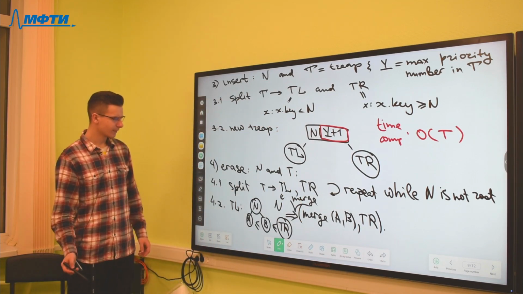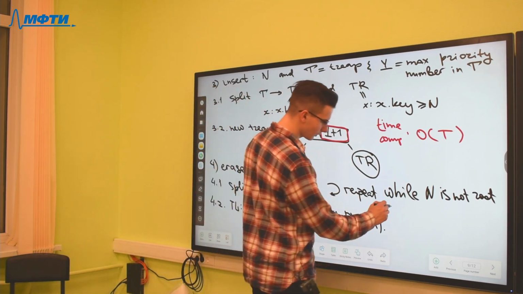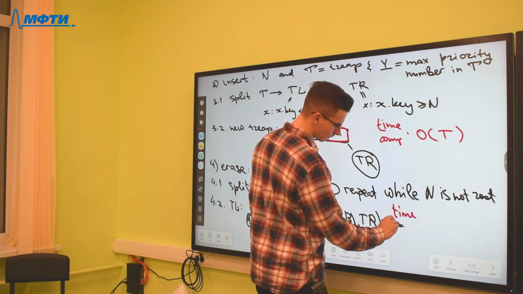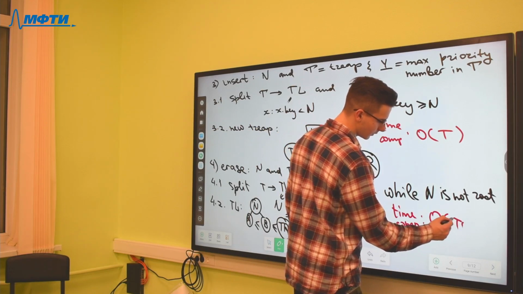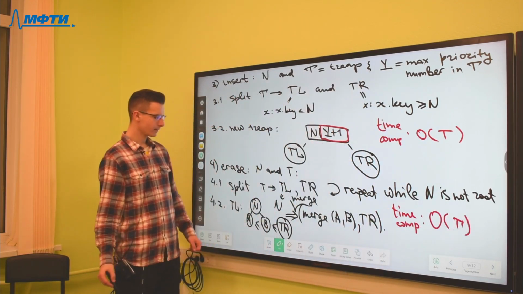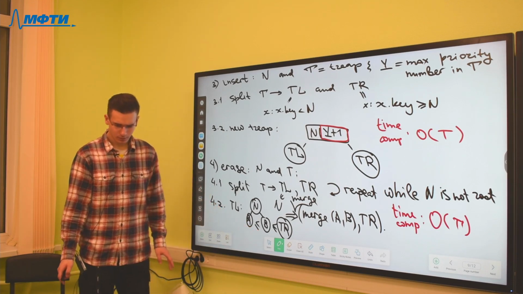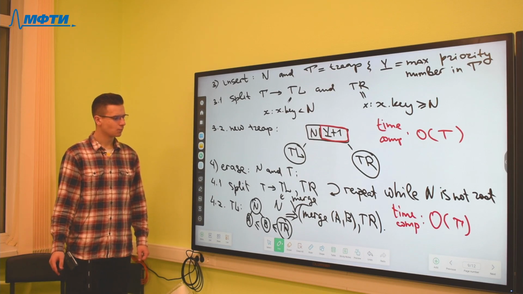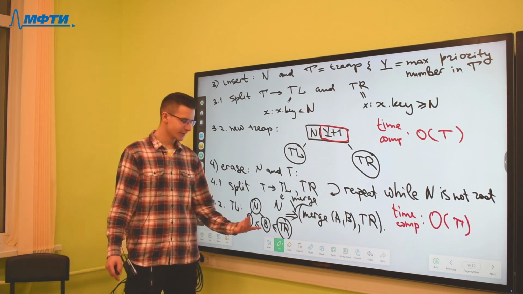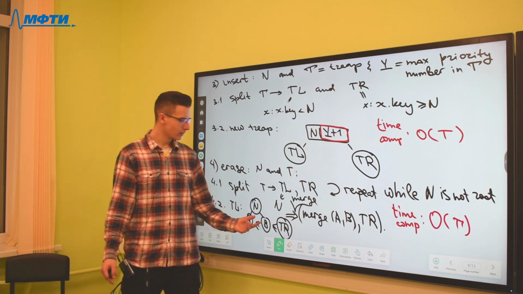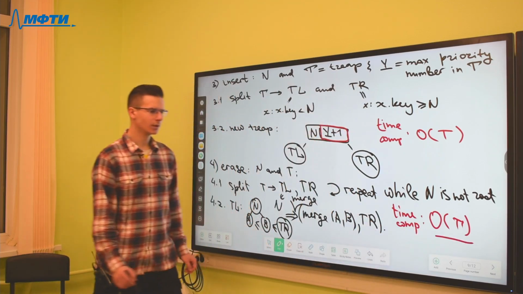But I think the time complexity will also be O of the depth, because if we merge very similar subtrees, it will be quicker, and I think we can speed it up to linear time.